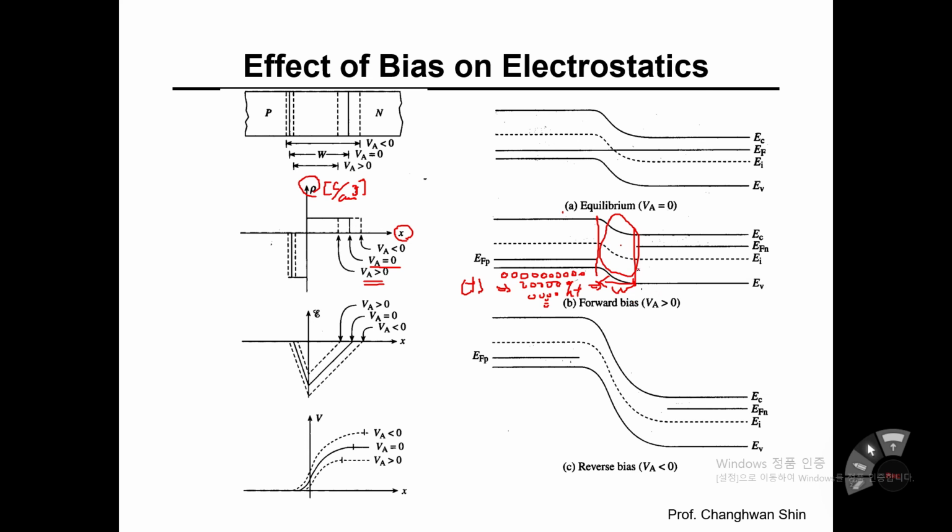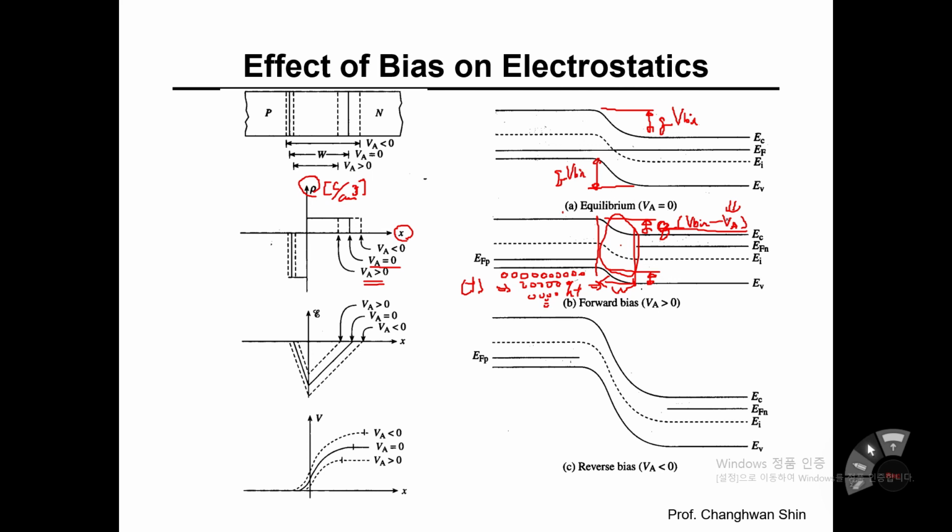the N side, because the energy barrier height, basically Q times VBI, has now been lowered because of the forward bias. At thermal equilibrium, the energy barrier height for electrons and for holes is Q times VBI, right?